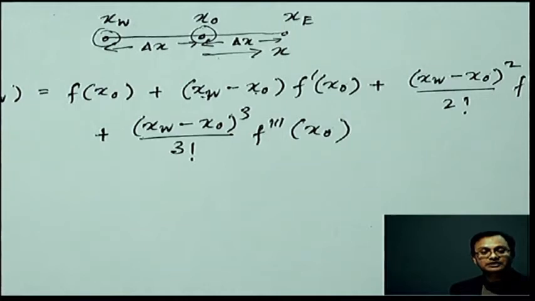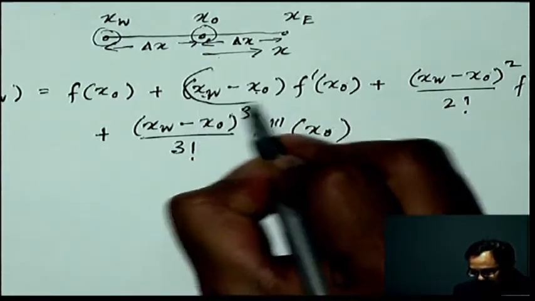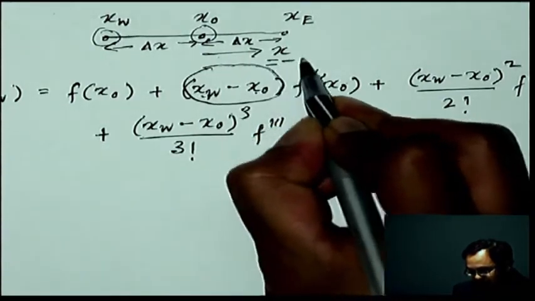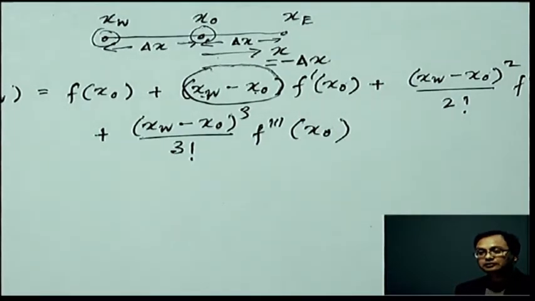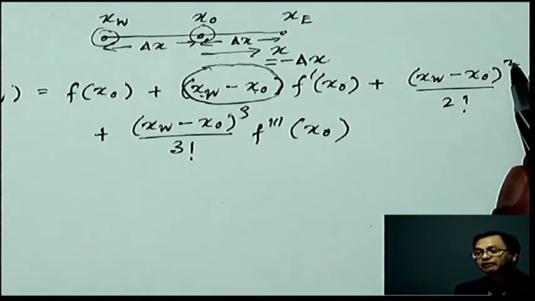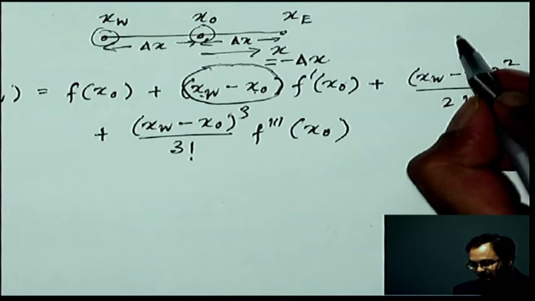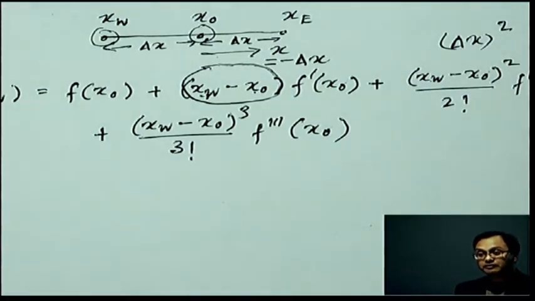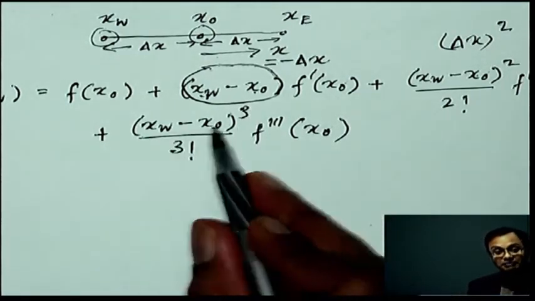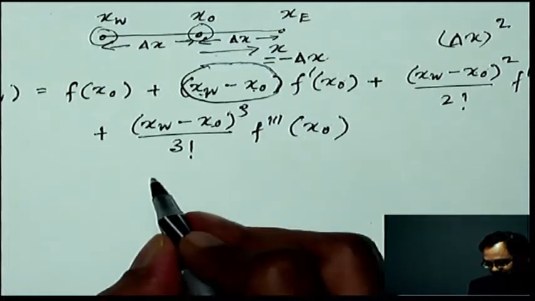So this here is equal to minus delta x. xw minus x naught squared is minus delta x squared, which gives me back a plus delta x squared. xw minus x naught cubed is minus delta x cubed, which gives me back negative delta x cubed.